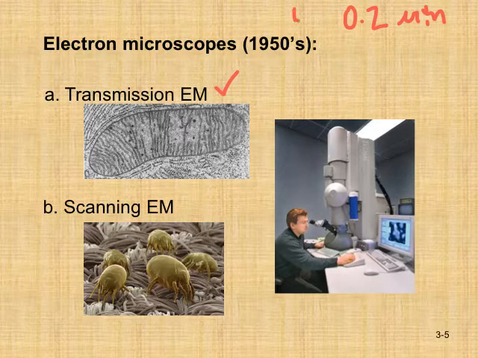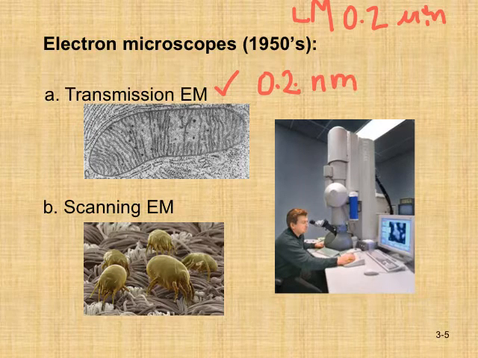This is a light microscope. Whereas with the transmission electron microscope, it's about 1,000 times better. We can get down to two points that are about 0.2 nanometers apart. So 1,000 times smaller.